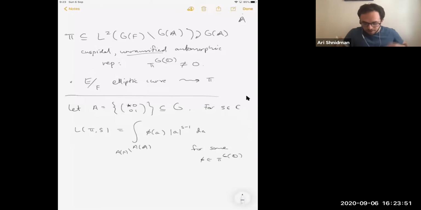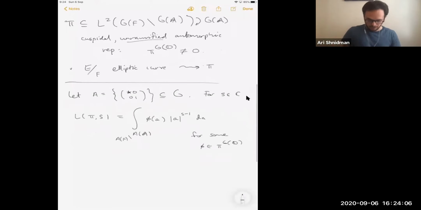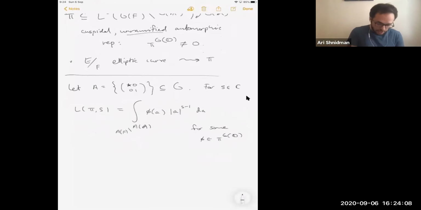So I'm claiming there exists some phi such that the L function is just the integral of phi, and you multiply by the absolute value of a to the s minus 1. And so this is some kind of Mellin transform, and this is the L function. I didn't give you the proper definition in some sense, but you can think of this as some kind of generating function that keeps track of representation theoretic data.